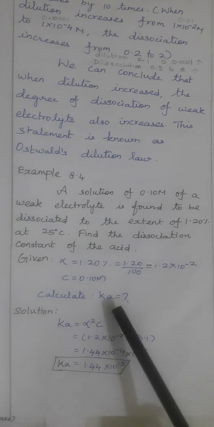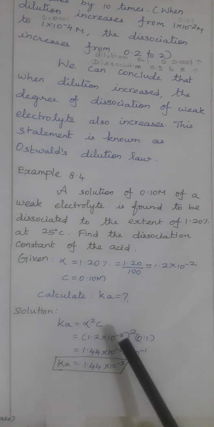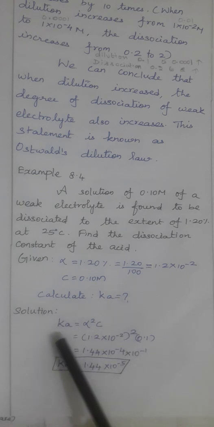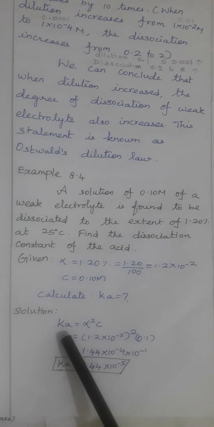How to calculate the dissociation constant? What is the formula for dissociation constant according to Ostwald dilution law?